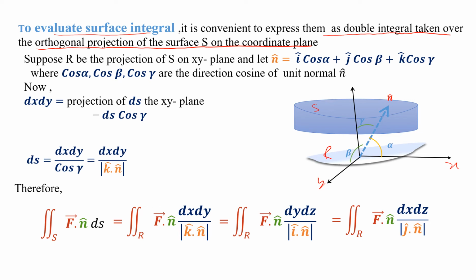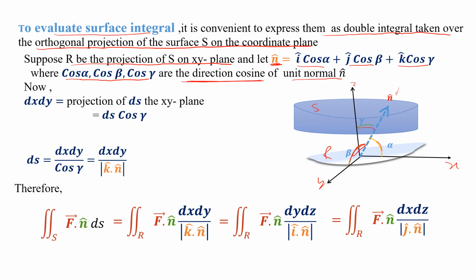On that surface, the unit normal vector is i cos alpha, j cos beta and k cos gamma. This unit normal vector n makes angle alpha from the x-axis, beta from the y-axis and gamma from the z-axis.